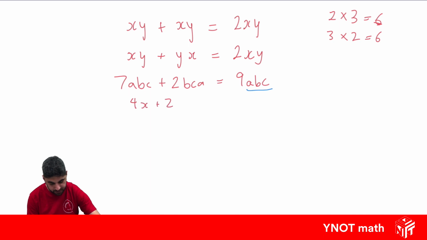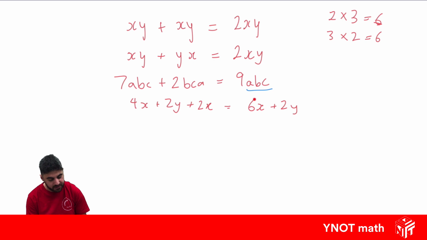4x plus 2y plus 2x. Well, that equals 6x plus 2y. So here, I was able to add the x's together, the 4x and the 2x, to give 6x, but I could not add the y term to it because it's not a like term with the x's.